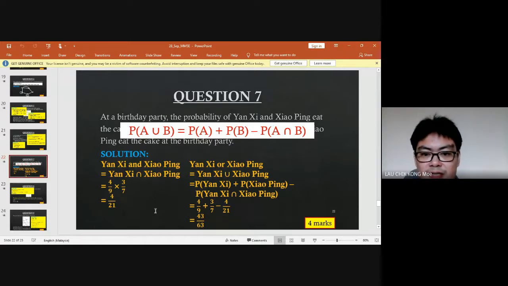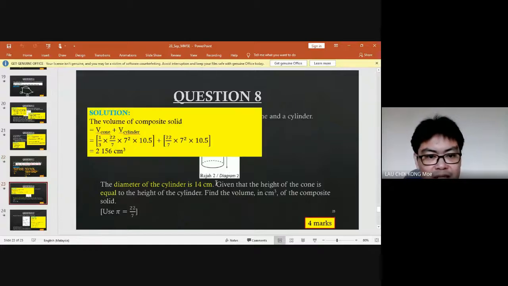We use the non-mutually exclusive formula, that is, A union B equals the probability of A plus the probability of B minus the probability of A intersect B.